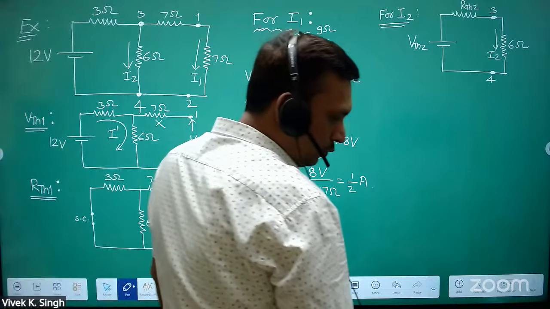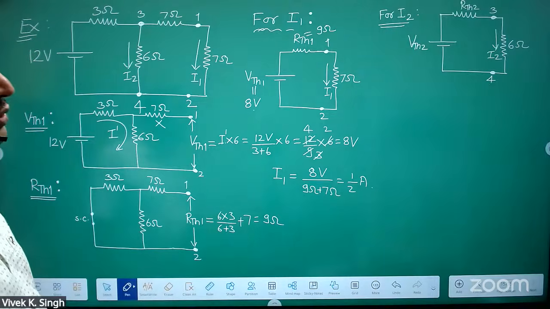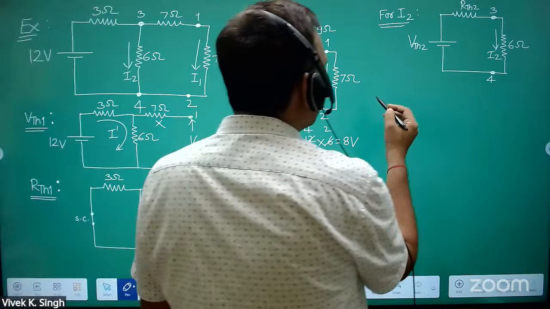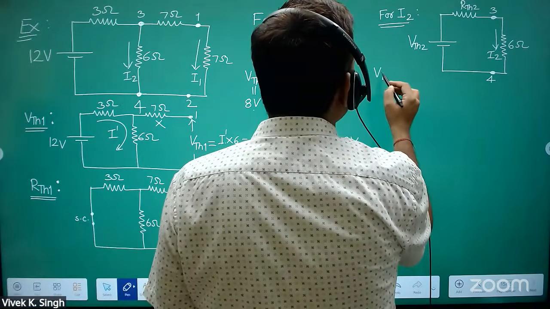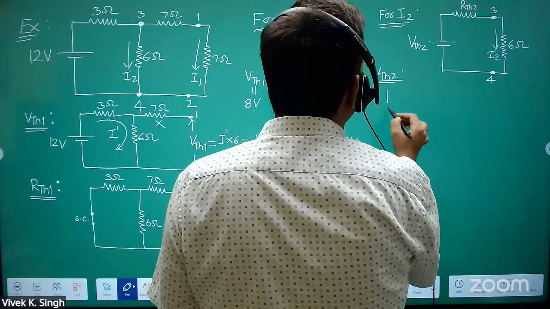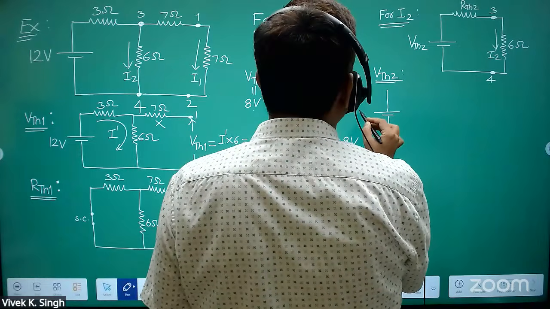Now you have a new voltage source VTH2 and RTH2 is the series resistance. Okay. So again, what will be VTH2? Just check. This is 12 volt.